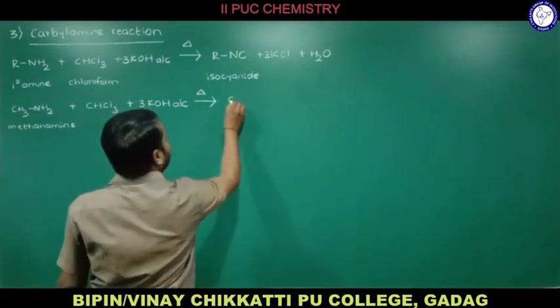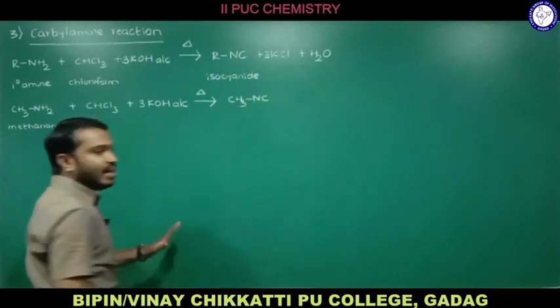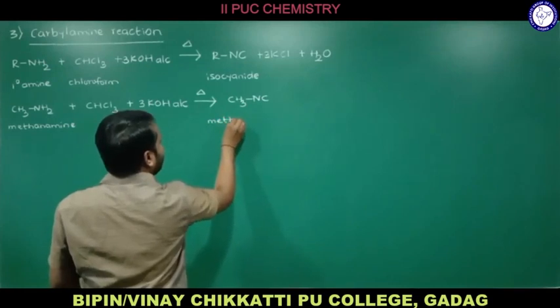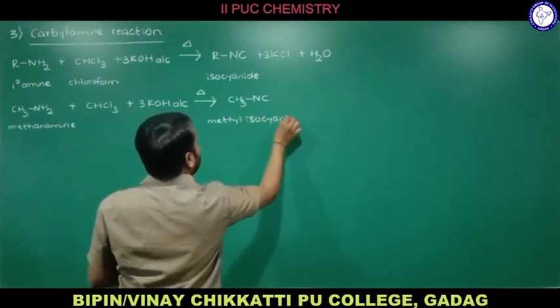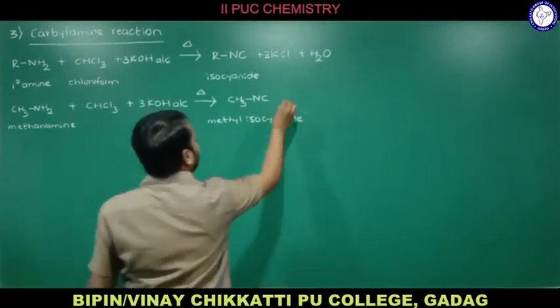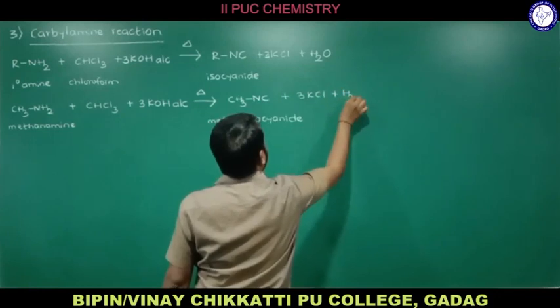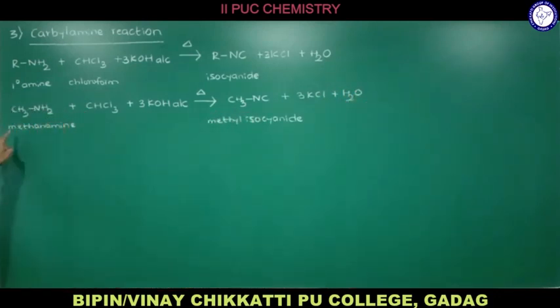So what we are going to get here is CH3NC, methyl isocyanide, since we have a methyl group here. Methyl isocyanide is the main compound, and of course we get some other byproducts also, KCl and H2O.